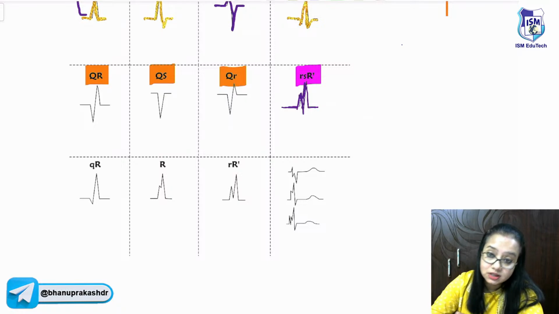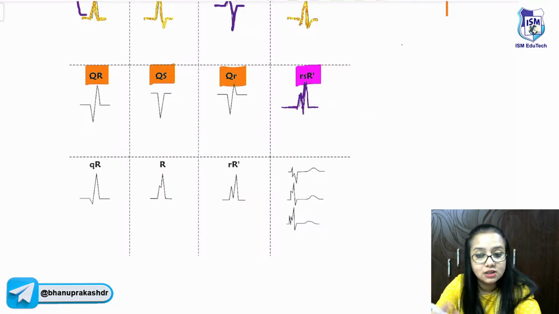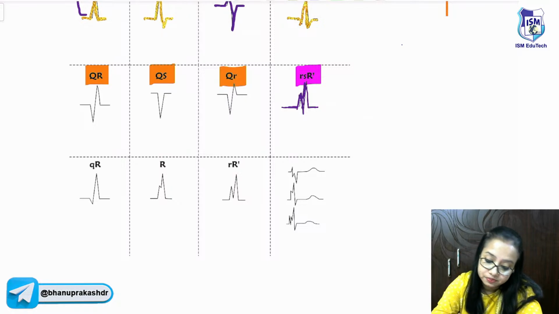So the first one is smaller compared to the second R wave. The first R wave we write as small r, and the second one as bigger R, the R complement. If there are two R waves, to signify which R has come later on the ECG, we write it as complement. So small r, and capital R complement.